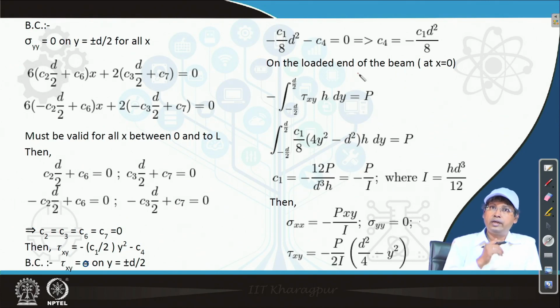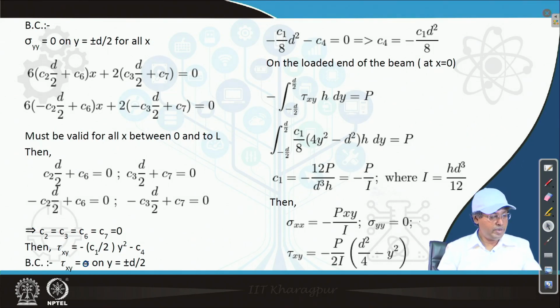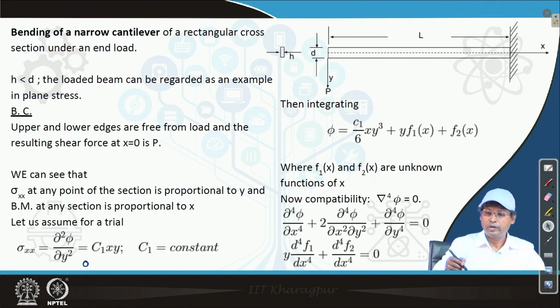As I mentioned at the beginning while defining the problem, the distributed shear stresses at x equals 0, if we go back to this point, the upper and lower edges are free from load and the resulting shear force at x equals 0 is P. So, that is what we will implement now.